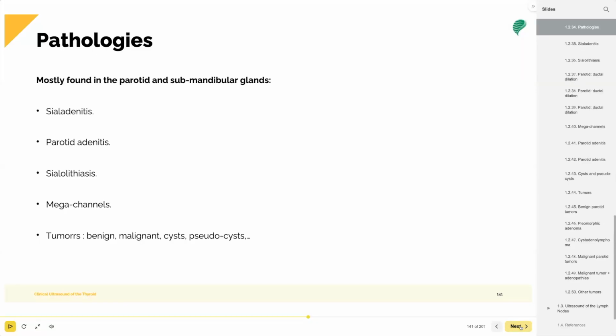What types of pathologies can be encountered? These pathologies are mostly found in the parotid and submandibular glands. One of the most common would be sialadenitis, parotid adenitis, sialolithiasis, megachannels, and tumors, which can be classified as benign or malignant, cysts, or pseudocysts.